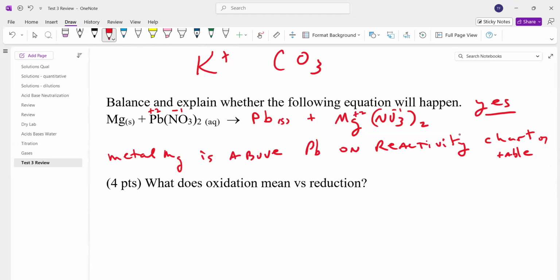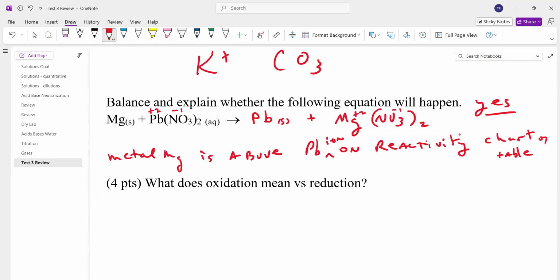So if I say why, that's what you put down: the metal is above the ion. Oh, I thought you were raising your hand.